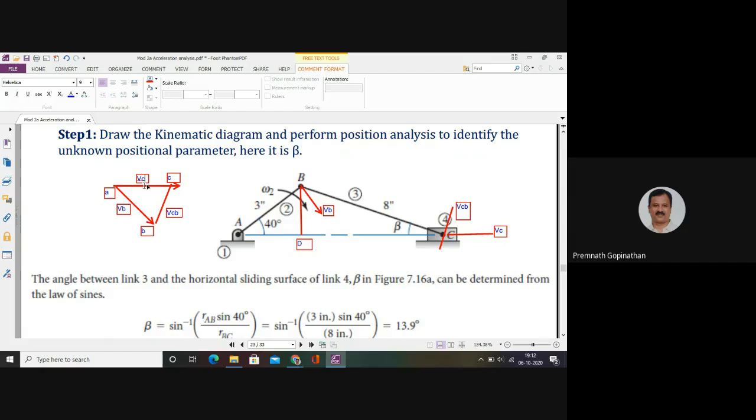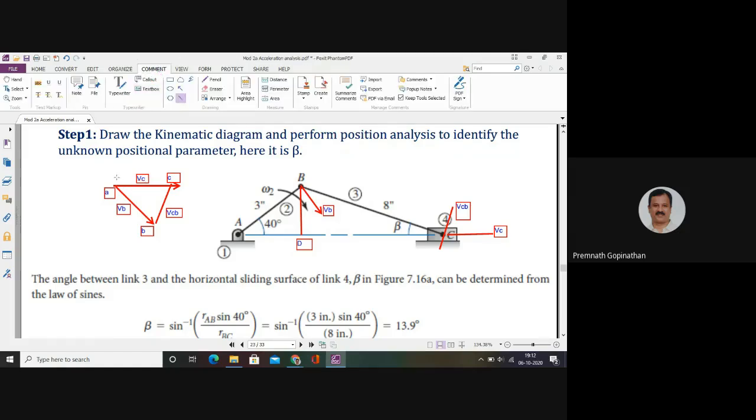So if I consider the polygon here, and draw a vertical line at point A, right? If I consider this vertical line at point A and then consider the angle between the vertical and the vector VB, that angle will be the same as the inclination of the link AB itself. So that means it will be 40 degrees.